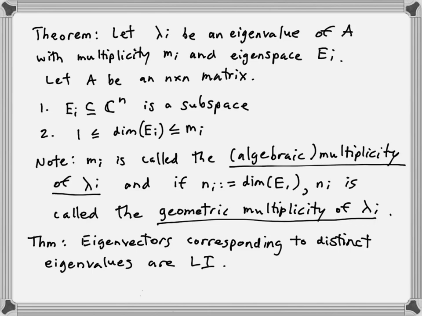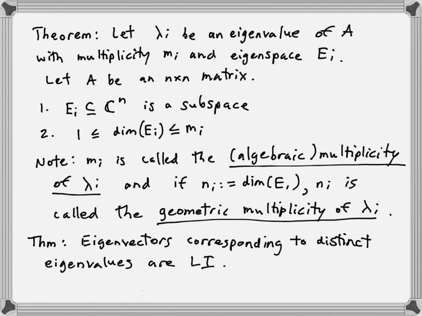Okay, this is important because this means that the eigenspaces cannot touch each other other than at the zero vector, right? Because they all come from linearly independent eigenvectors, and they are distinct. They're linearly independent. So yes, they cannot cross each other.